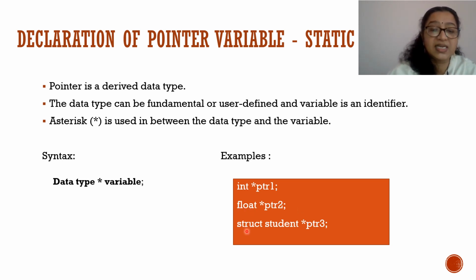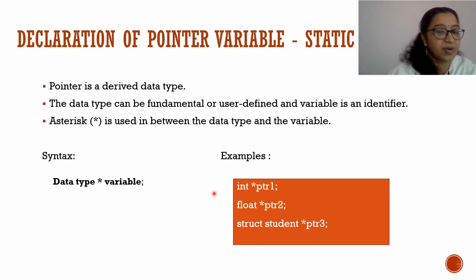And the last one is struct student star ptr3. So ptr3 is a pointer variable here. It is ready to hold which one? Yeah, the student data type block variable. Clear? This is the way of pointer variable creation in the static method.